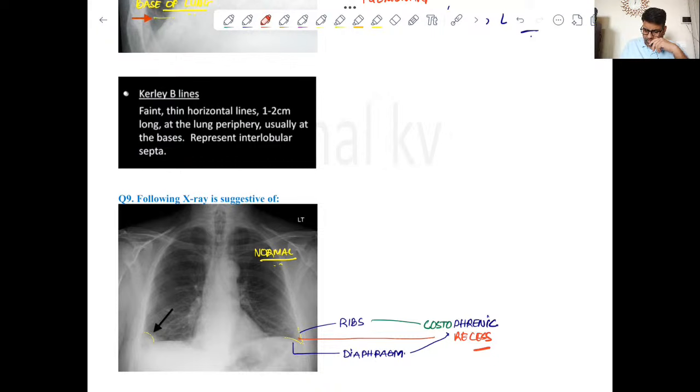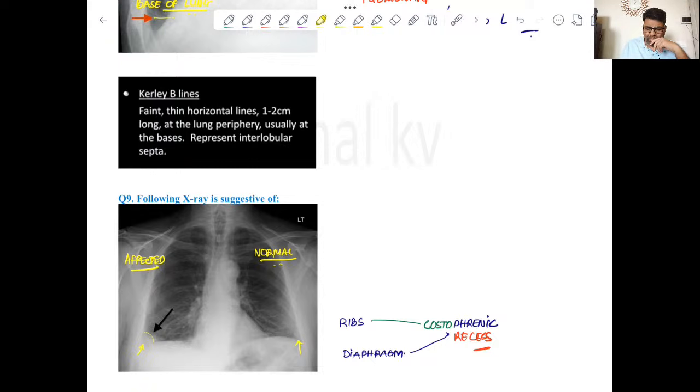Now on the normal side we should see it as a black, it should have a black impression, right? But if you look on the affected side, this is of course the affected side, right? So on the affected side you can see it is not black as compared to this side.